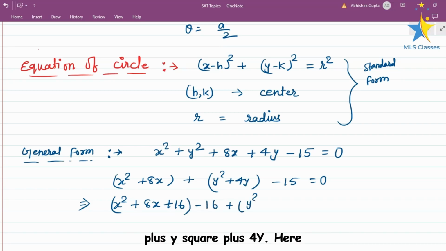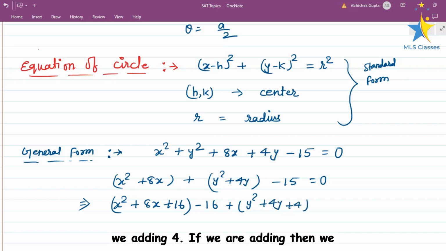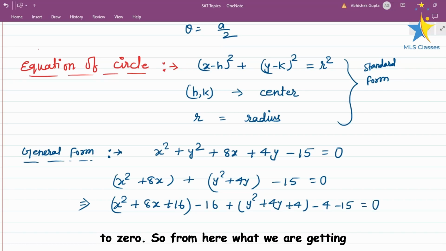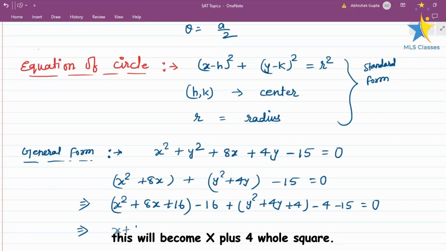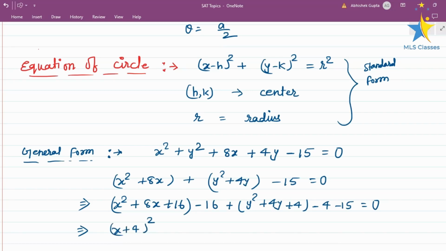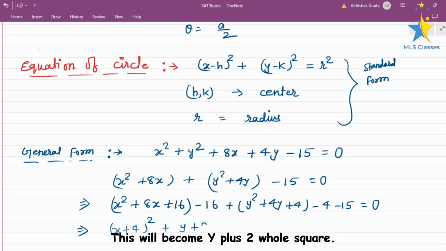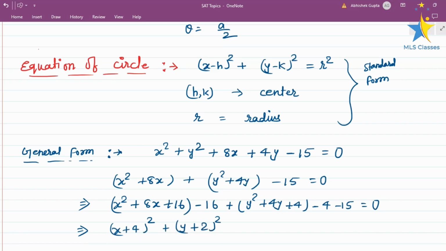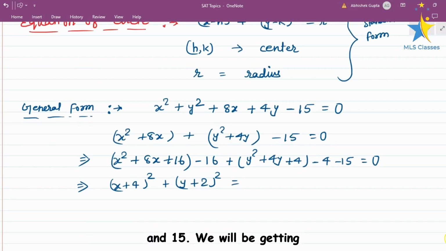Plus y square plus 4y, here we add 4, and subtract it also, and minus 15 equal to 0. So from here this becomes (x plus 4) whole square, this becomes (y plus 2) whole square, and that is equal to 16, 4, 20 and 15. We get 35.